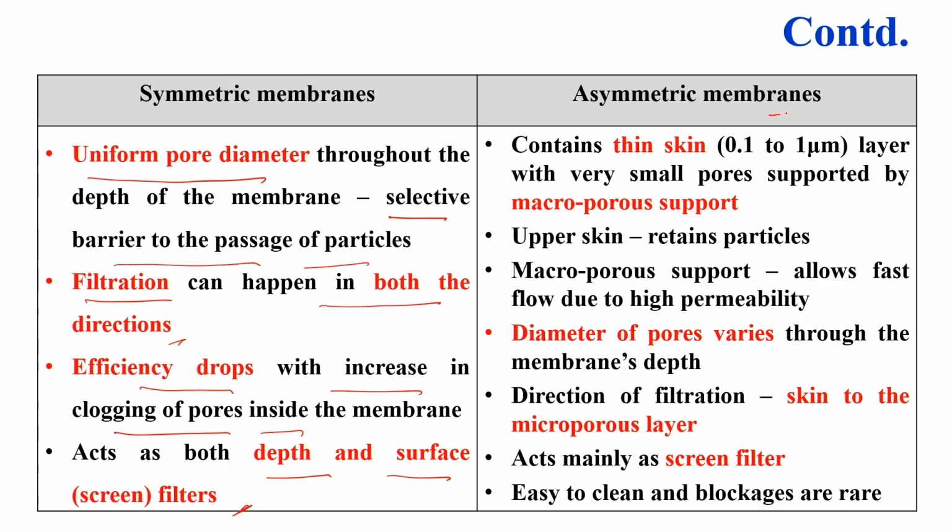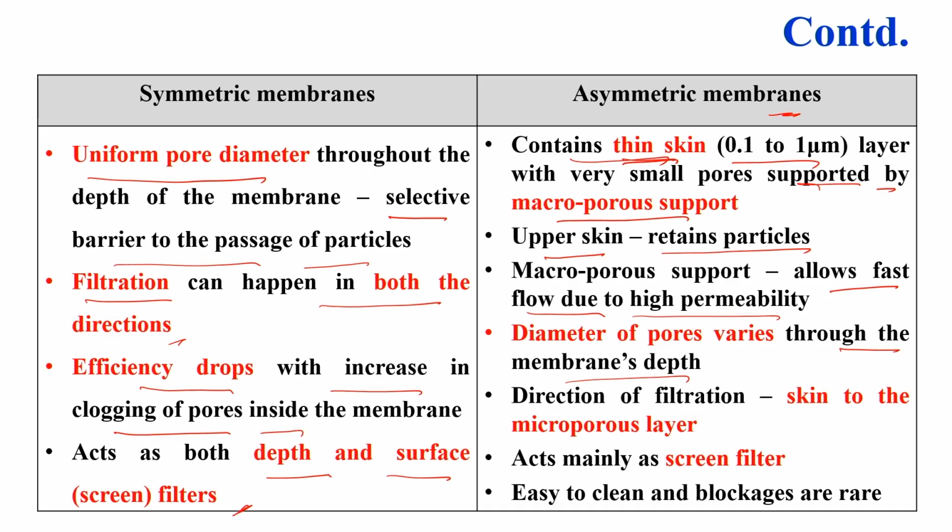While in the case of asymmetric membrane, it has a thin skin, typically a 0.1 to 1 micrometer layer with very small pores, and that is supported by a microporous support. In this case it is very important that your feed should pass through the skin layer first. The upper skin layer retains the particles, and the microporous support allows fast flow due to high permeability, and the diameter of pores varies throughout the membrane's depth.